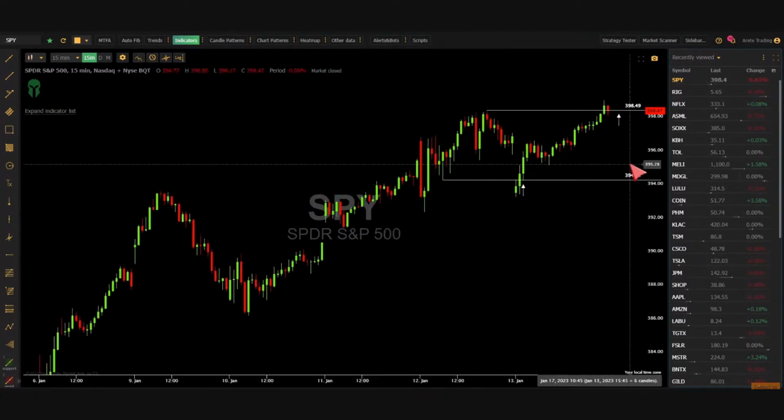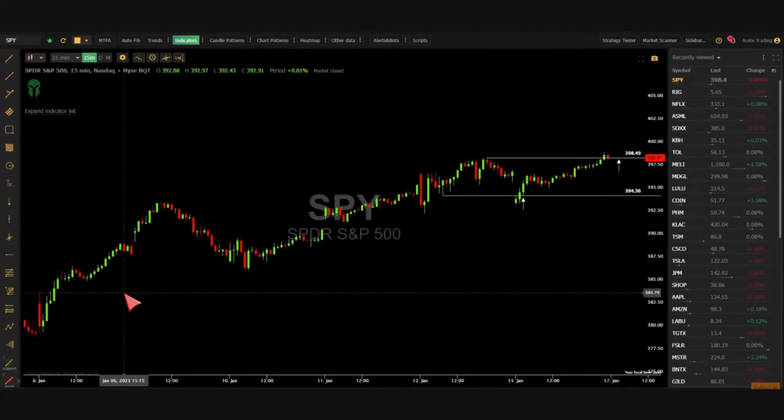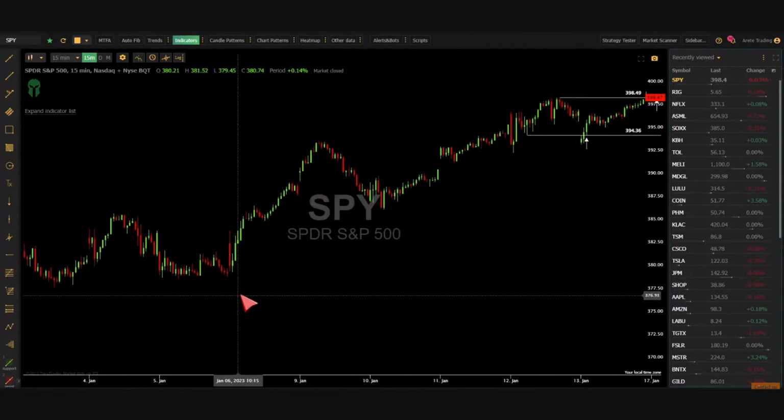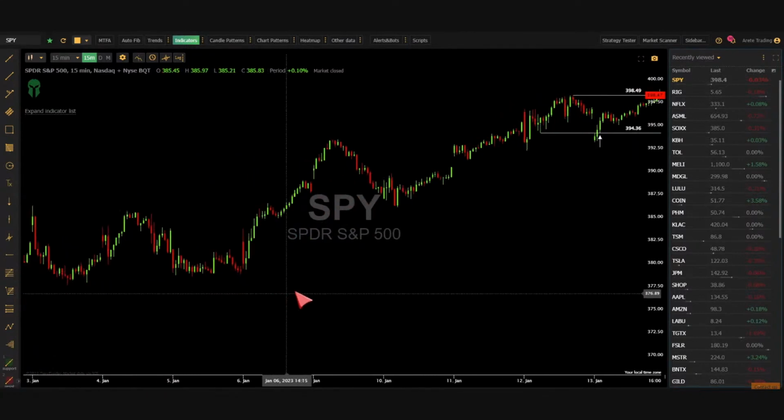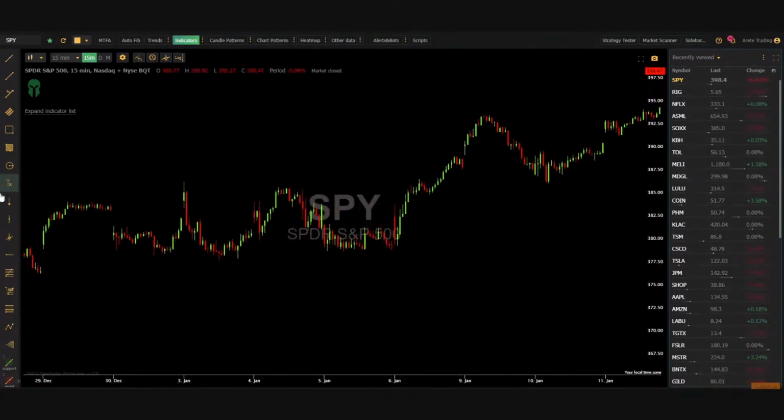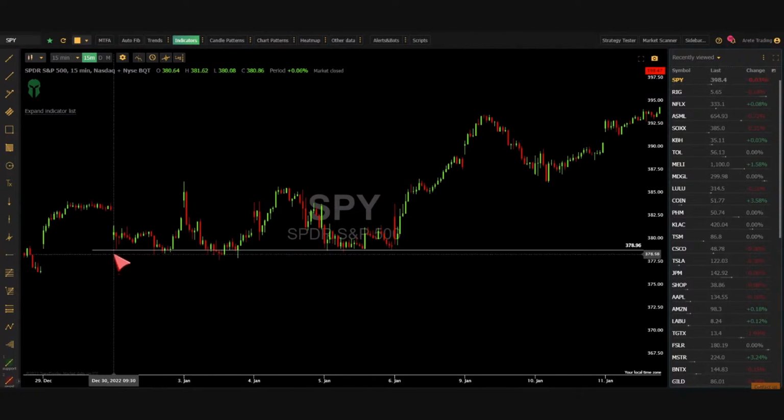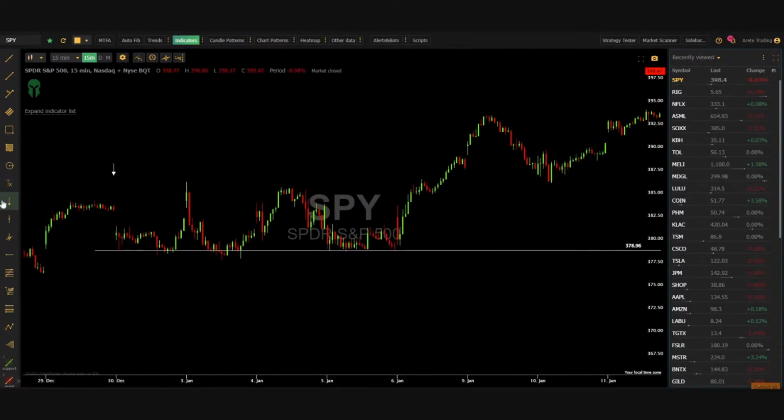Now, what's important about support and resistance is not only when it hits, but how many times it hits that level. So I'll give you an example of what I mean by that. If we look at this particular level in here, we've hit significantly, right? You've hit here and then again, and you're unable to break it, and you can just see this straight down.